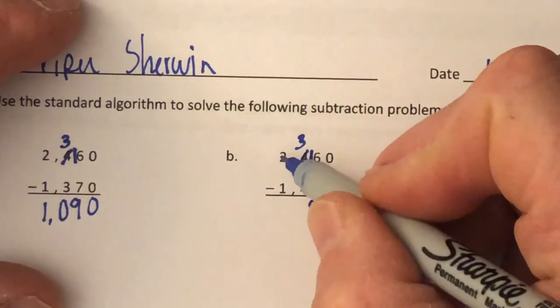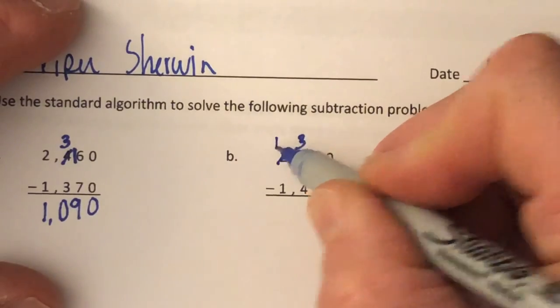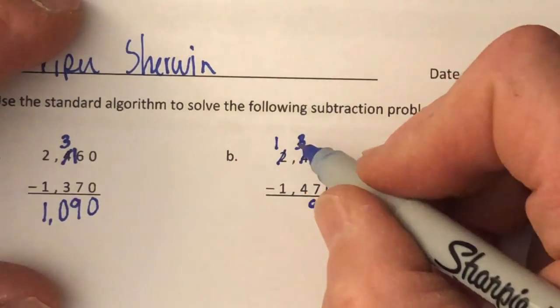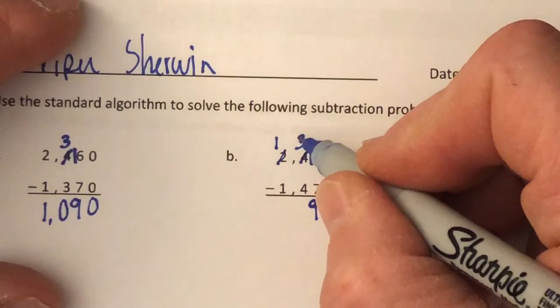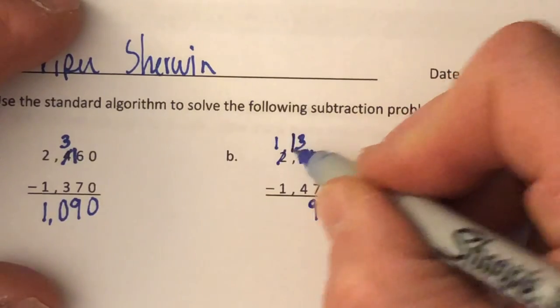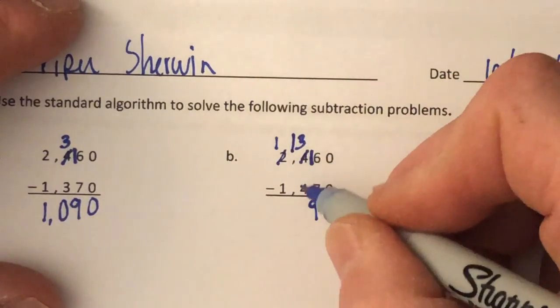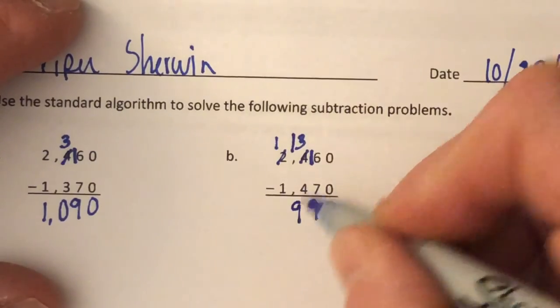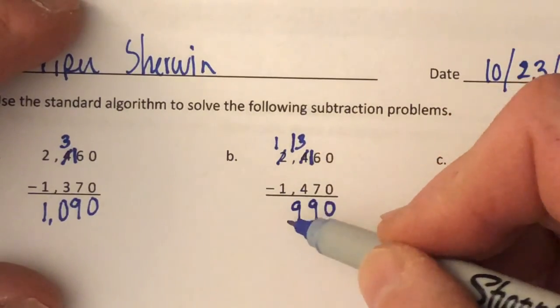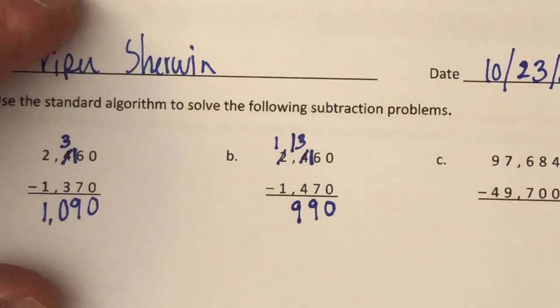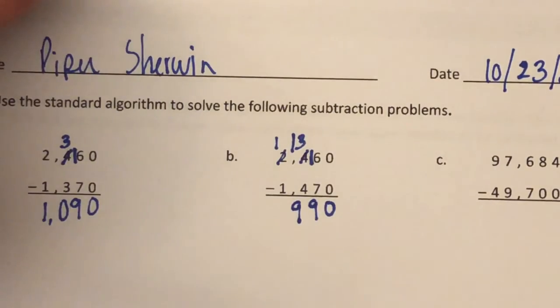So I come over here to the thousands place. I take 1,000, leave 1,000. Take that 1,000 I took and break it into 10 hundreds. So now I've got 13 hundreds. 13 minus 4 is 9. And then 1 minus 1 is 0. And I'm not going to put that 0 in there. Don't need to. Okay?